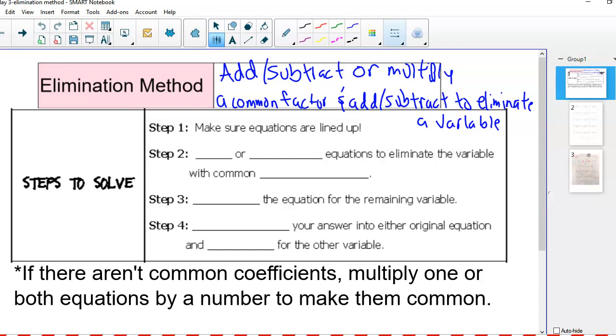Because that, along with this, is how you do elimination. I am going to go ahead and fill this in, and you can fill that in after you finish writing that sentence. Make sure your equations are lined up.